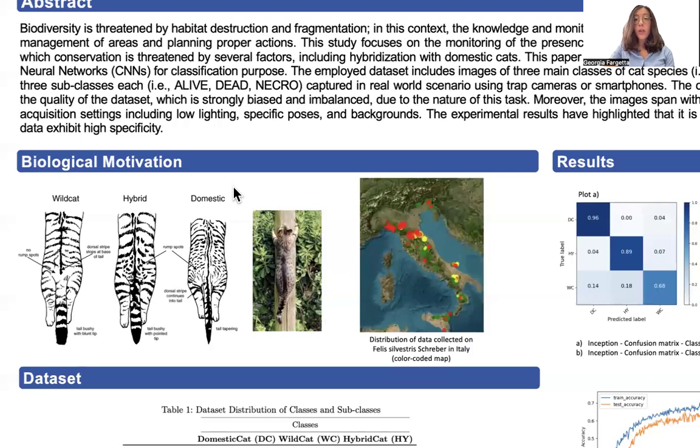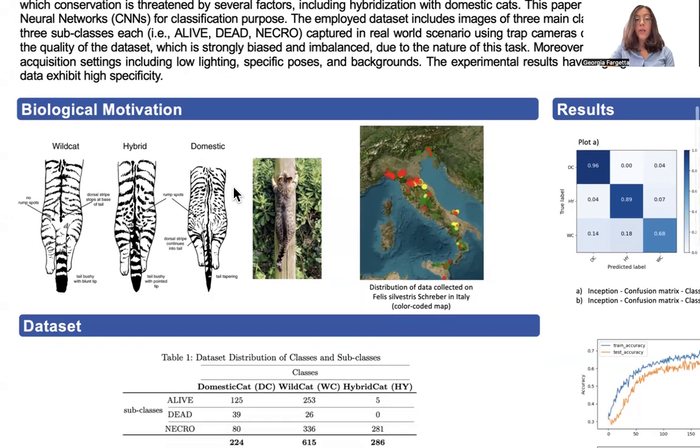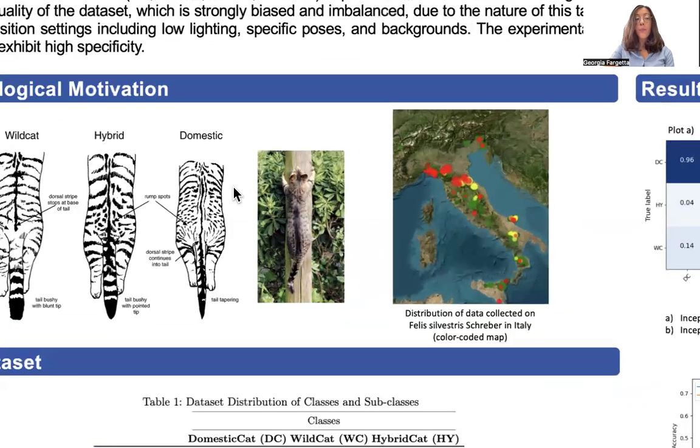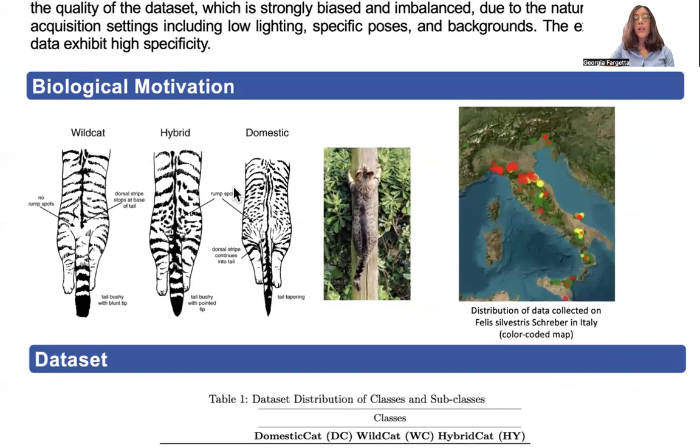So they want to classify the pure race of this type of cat. The three classes are the domestic cat, the hybrid cat, and the wildcat. And the wildcat is the pure race.